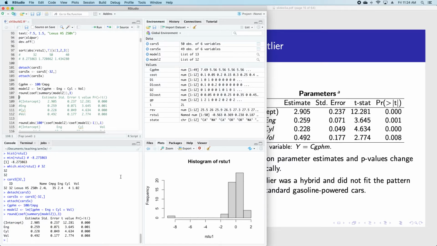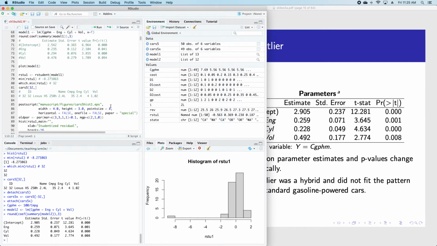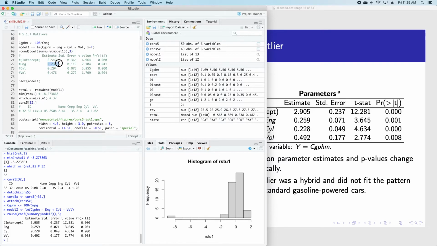So what happened with my regression parameter estimates when I did that? Let's look at, for example, the regression parameter that goes with engine. It's 0.26 in this model, and in the other model it was only 0.235.